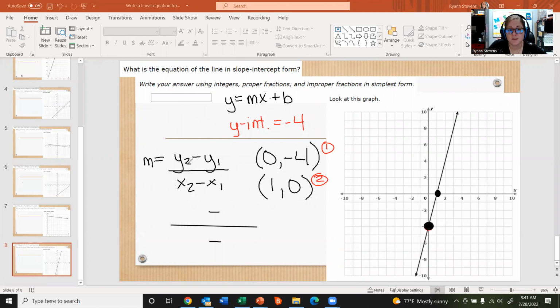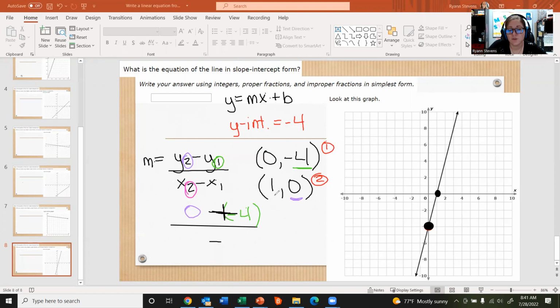Plug in my numbers. Y2 is 0. And y1 is -4, which I can go back and change. A negative and a negative is just going to give us a positive, so we can add: 0 plus 4 is what we have.